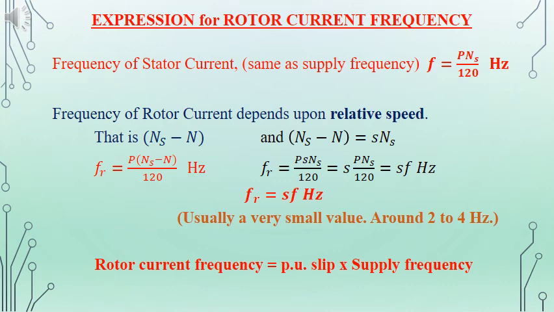So the equation for the rotor frequency can be written as Fr = P(Ns - N)/120. And rewriting the same, we can find Fr = Sf. That is, the rotor frequency will be equal to slip times the frequency of the stator.